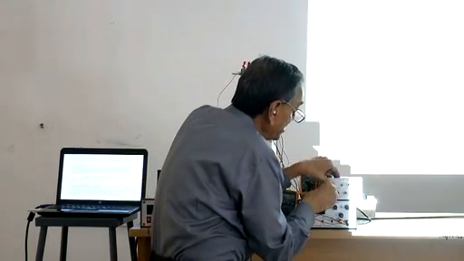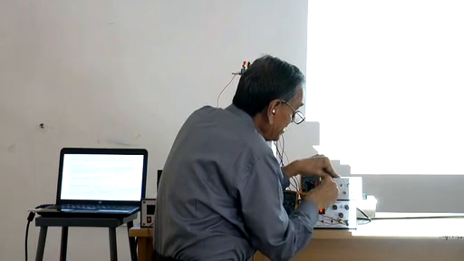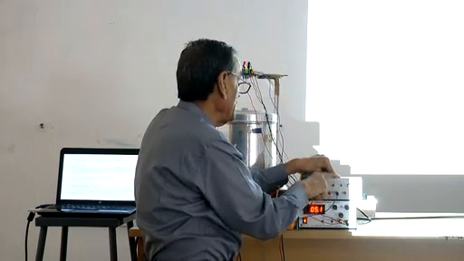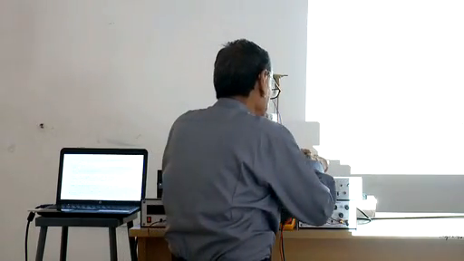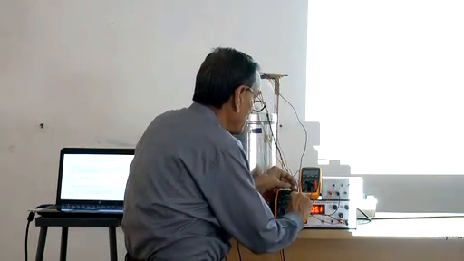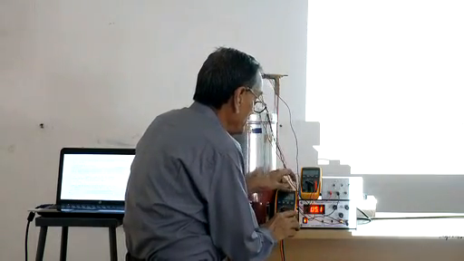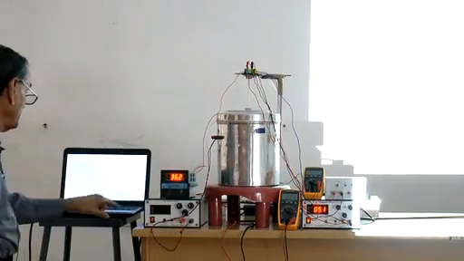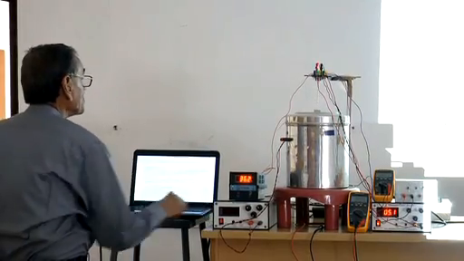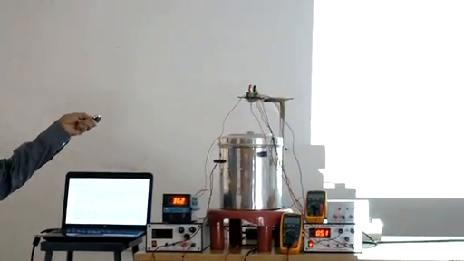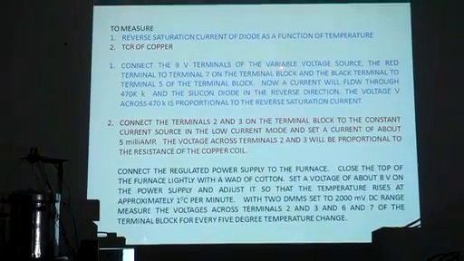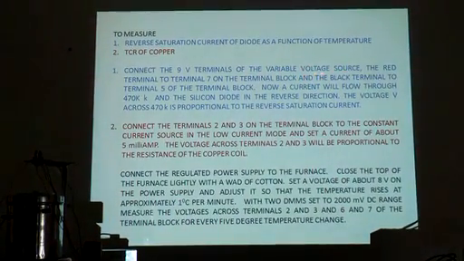I put in the plugs to the terminals of the 9 volt supply and switch on. For measuring reverse saturation current of the diode, connect the 9 volt terminals of the voltage source.